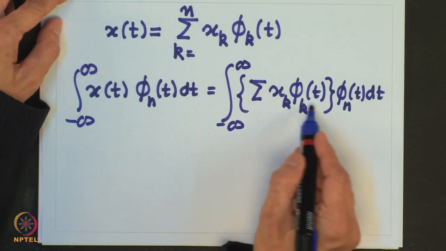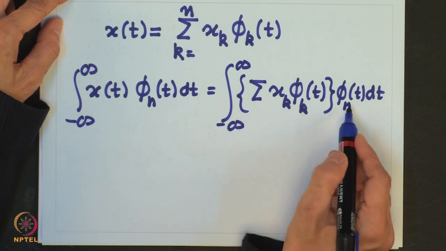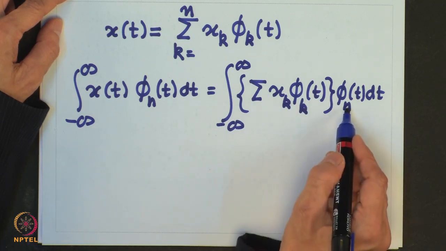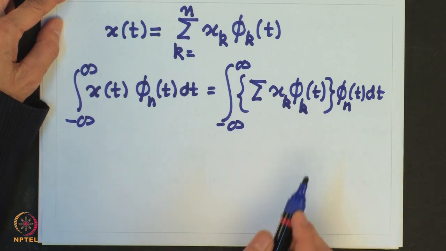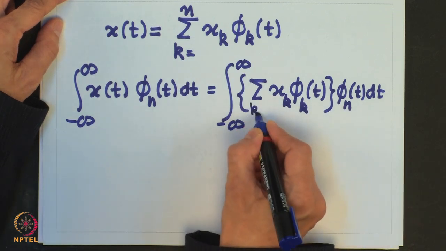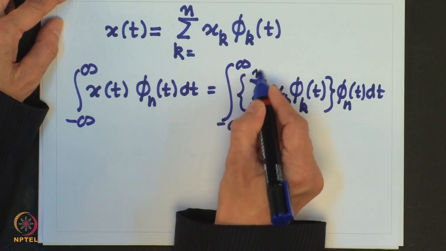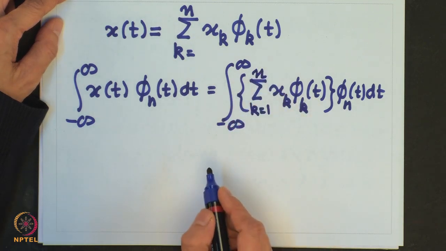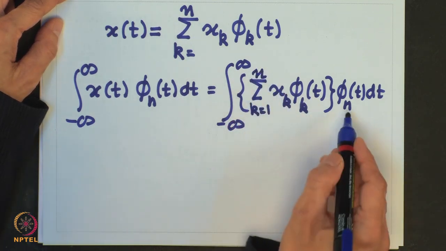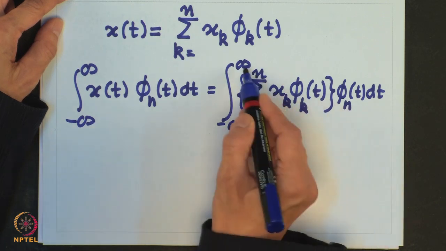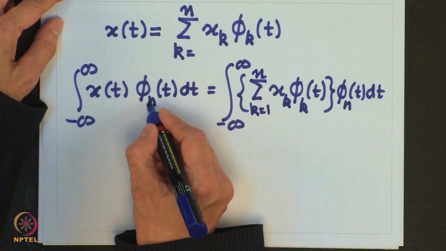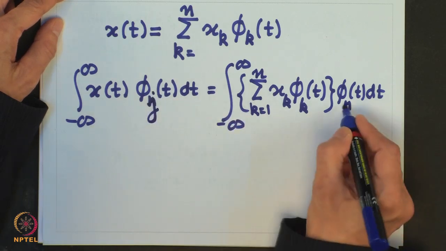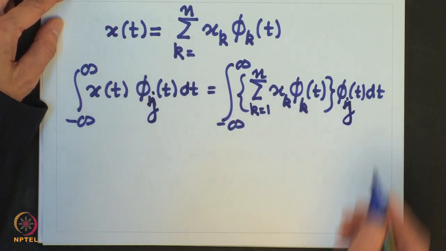Now, we know that phi k(t) and phi n(t) are orthogonal except when k is equal to n. Do not get confused with this n and this n; let us change it to j. Correct?